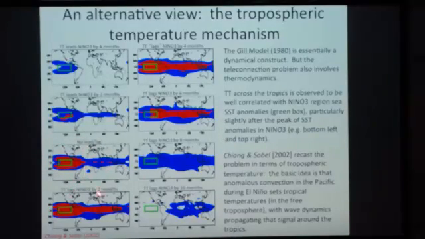If you go forward in time, so if tropospheric temperature lags NINO 3 by 2 months, in other words, if you take the NINO 3 sea surface temperature, say in the month of December, and correlate that with the tropospheric temperature the following February, so you just shift the tropospheric temperature time series by 2 months relative to sea surface temperature, then you can see that the red region corresponds to a very strong, statistically significant correlation. That's now extending over much of the tropics.